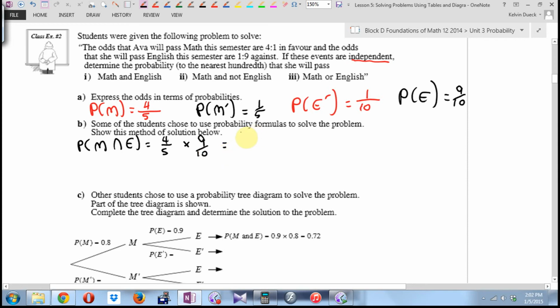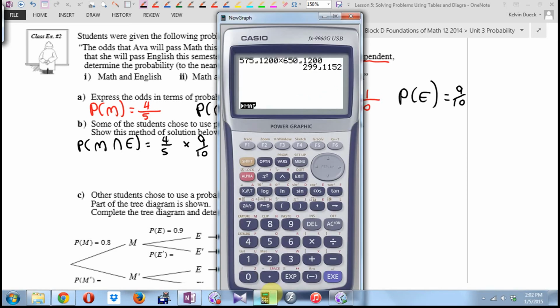It's going to be top times top over bottom times bottom, or if you want to, you can use the fraction button and go 4 fraction 5 times 9 fraction 10. That'll give you an answer in lowest terms. Can you go with the fraction? Sure thing. Got your calculator handy? Here's your fraction button right here.